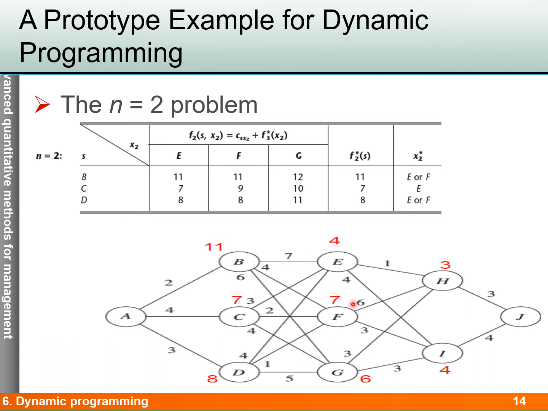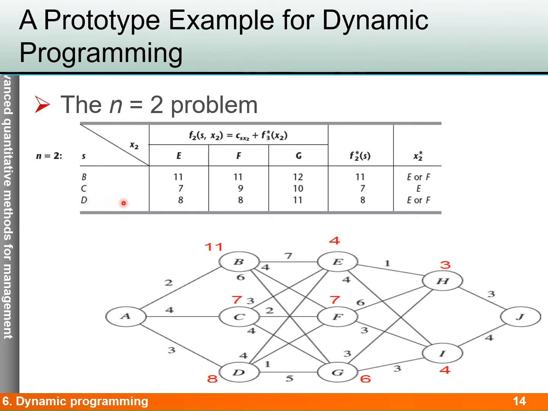The same concept happens here. 7 of the future minimum cost plus immediate cost, that is 11, and the same happens here. 6 as a future minimum cost and immediate cost, that is 6, that is 12 here.